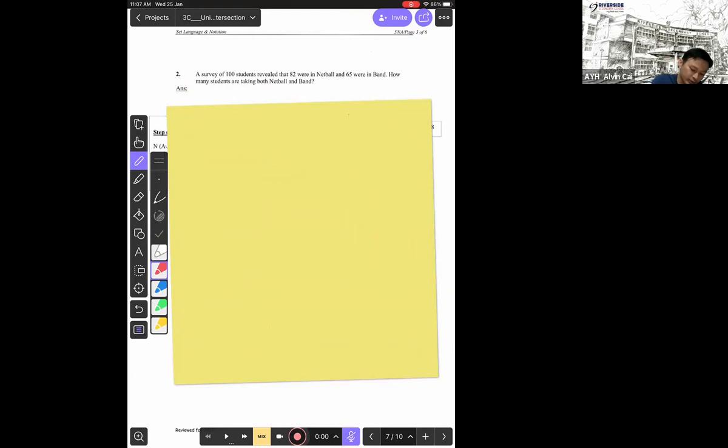First up, this question mentions 100 students. There are in total 100 students over here, assuming that all these 100 students must be either in netball or band or in both. So no students have no CCA. Every student has a CCA. So what we need to do is draw in this manner. The number in netball is 82.